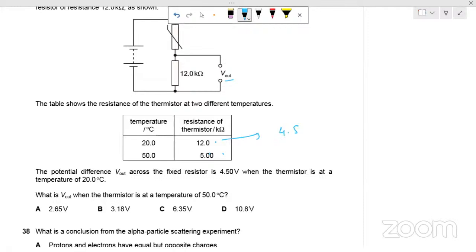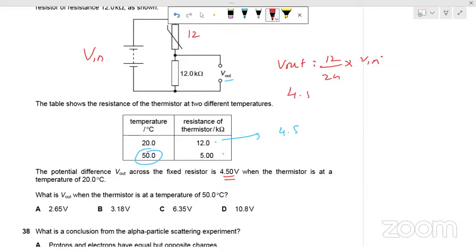We have to find it at 50 degrees centigrade. So at 20 degrees centigrade, its resistance is 12. So this is 4.5. So V output is 12 by 24 times this V input.